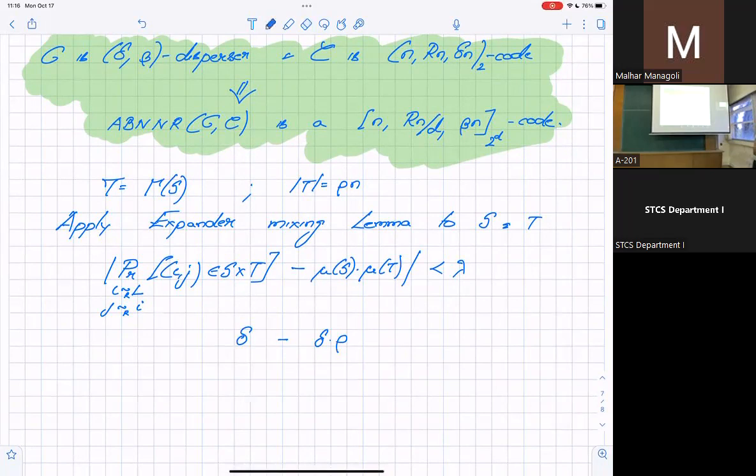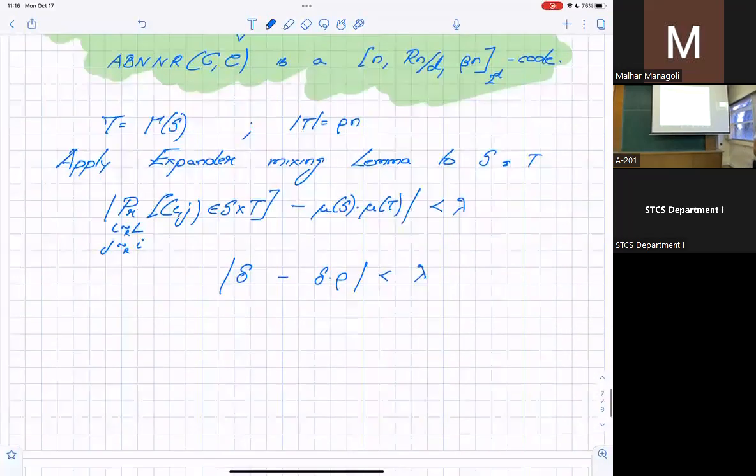So what we do have is delta times (1 minus rho) is less than lambda, or equivalently, 1 minus rho is less than lambda by delta.